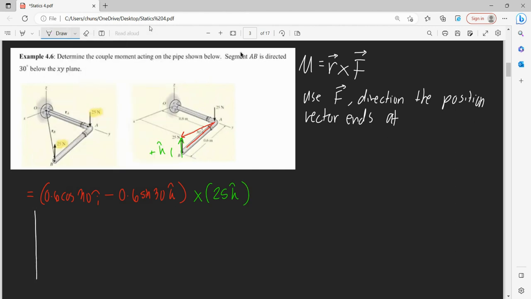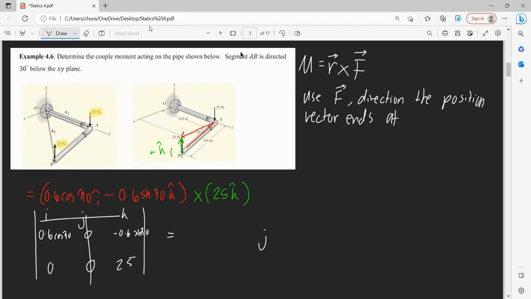So let's put this into our system. So this is 0, 0, 25, and negative 0.6 sine 30. This is 0. So then that's going to give us a j component.